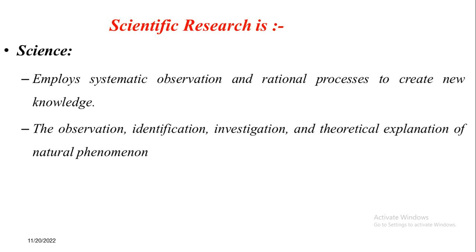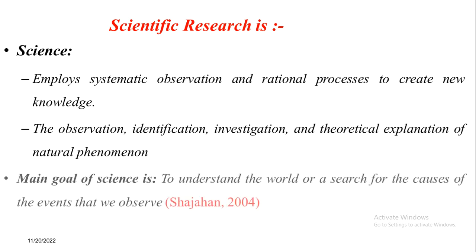If it is a science, it involves the observation, identification, investigation, and theoretical explanation of natural phenomena. That is why research is seen as a science. The main goal of science is to understand the world, or to search for the cause of an event or the things that will happen.